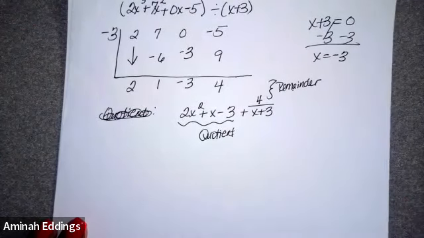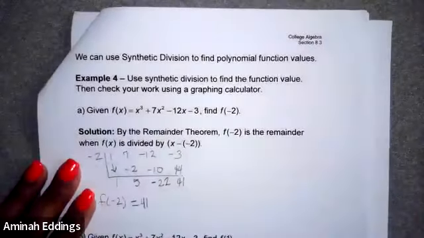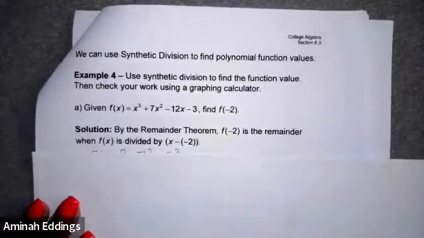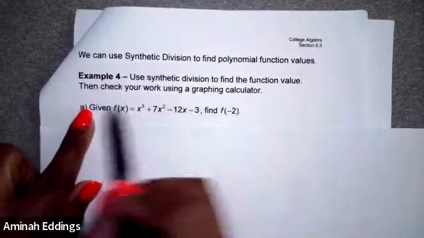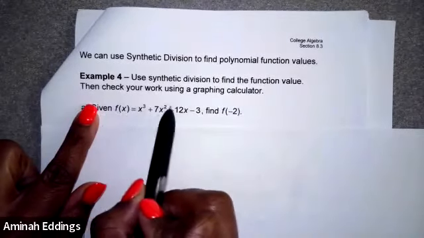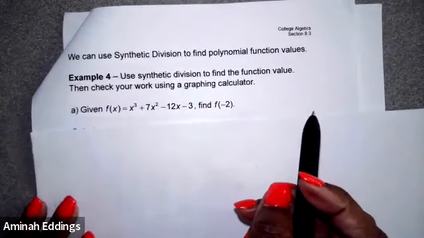All right, so example 4 says to use synthetic division to find the function value and then check your work using a graphing calculator. So this is what you were asking, okay?